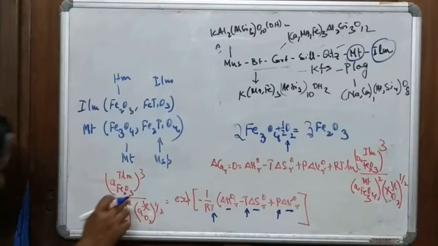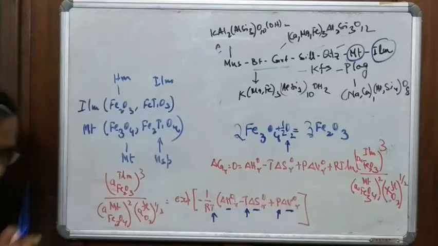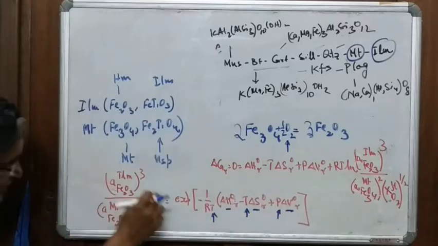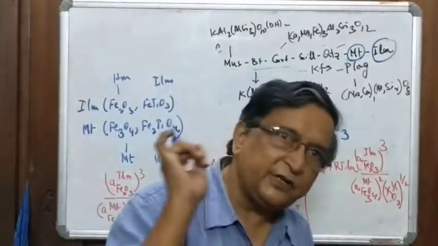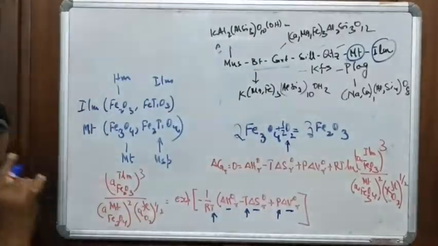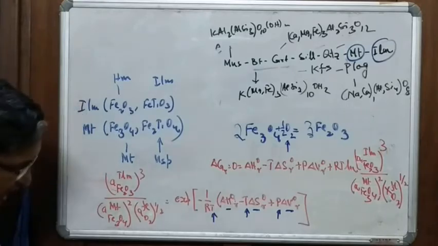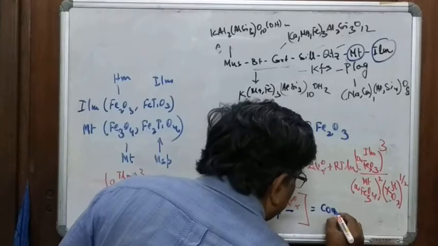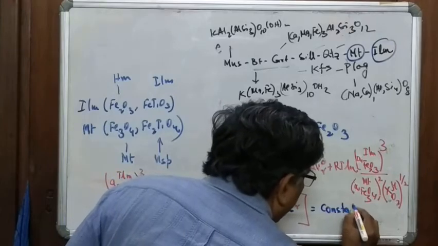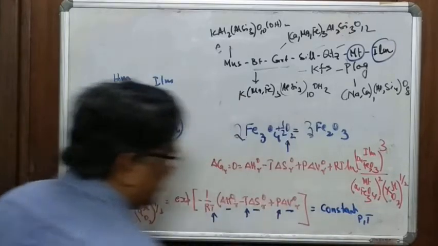Now you see, if I know the right hand term, then this is a constant. At a particular pressure temperature, this is a constant. Now see, therefore, what will happen in this reaction? So this is a constant for a particular pressure temperature value.